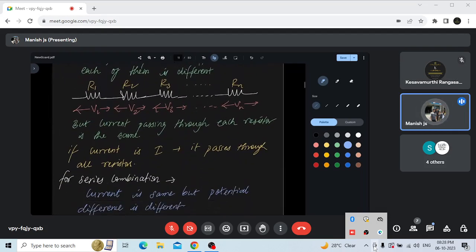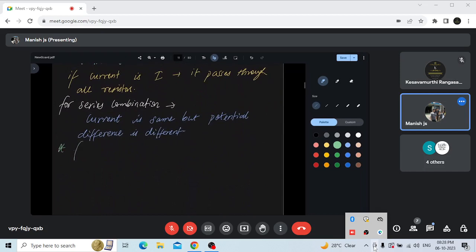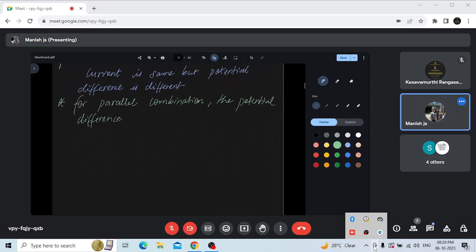That also I'll give you. For parallel combination, the potential difference across each resistor is the same, while current is different.